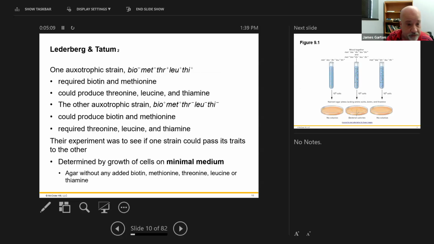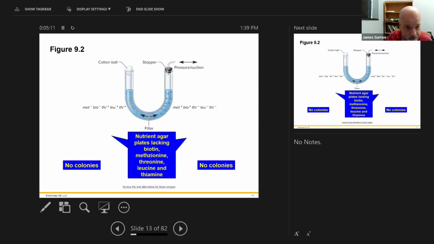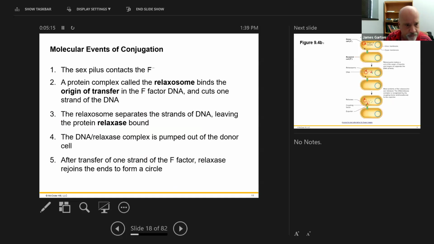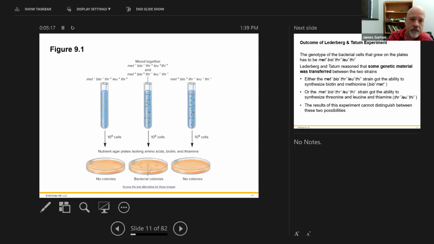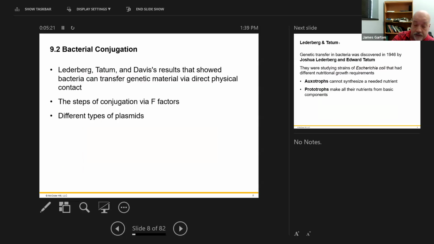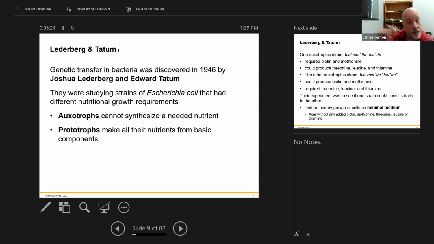And there's all kinds of different plasmids. Anyway, some plasmids allow bacteria to transfer DNA from bacteria to bacteria.